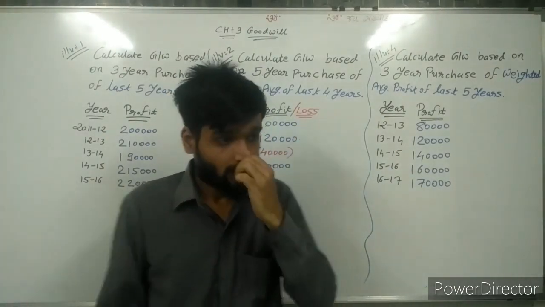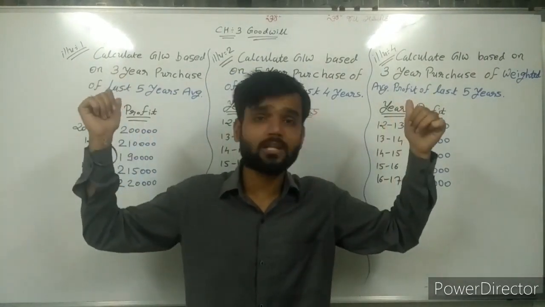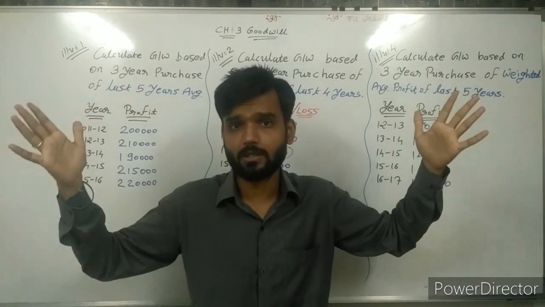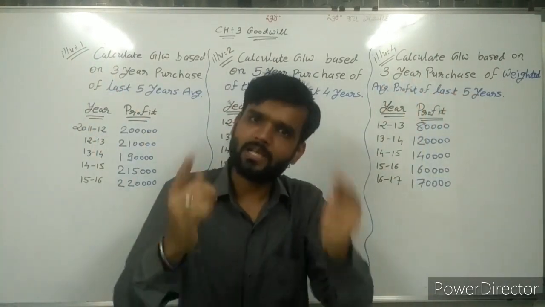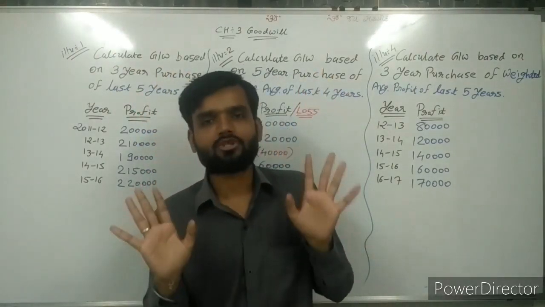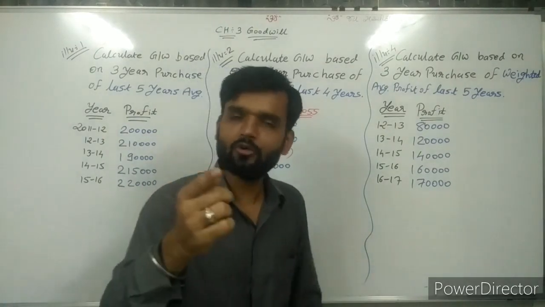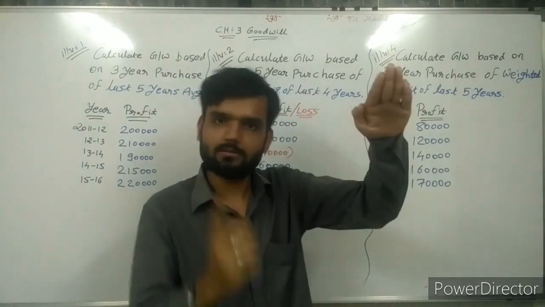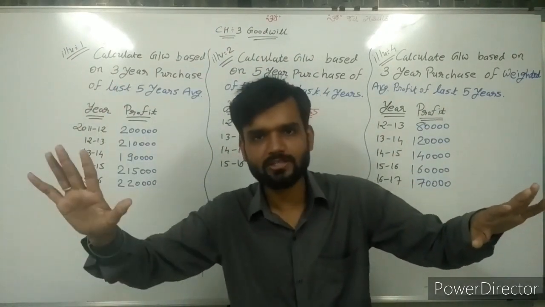So apply your mind only when information is not clearly given in the example. If clear information is given, then apply that information and don't apply your mind. If you need to apply your mind: increase, give weight; increase and decrease, or not stable, variations are there, simple average.